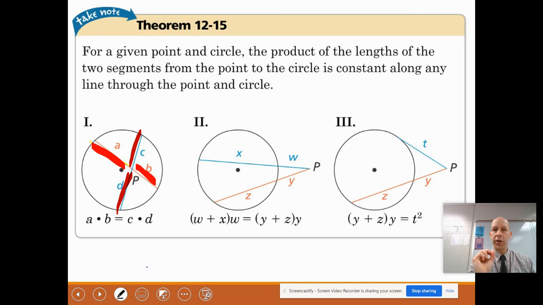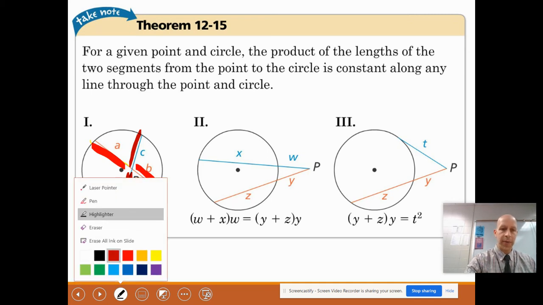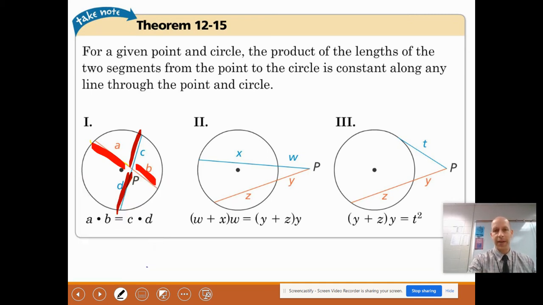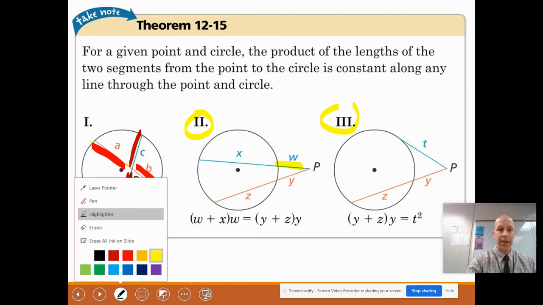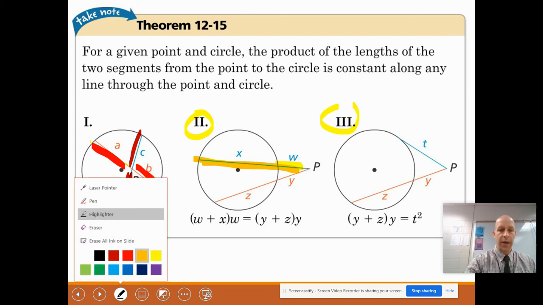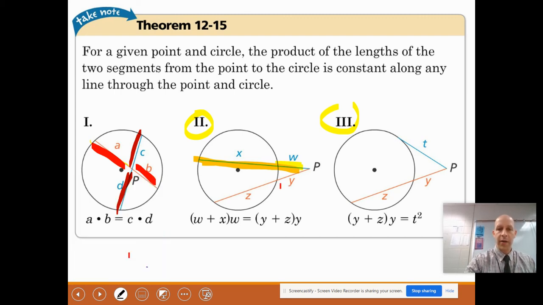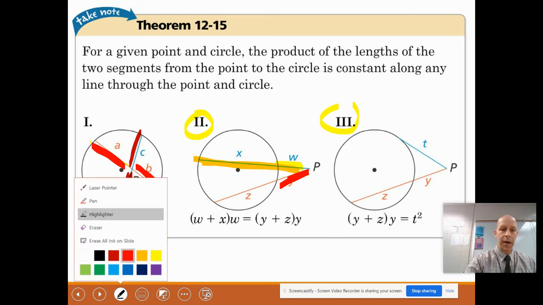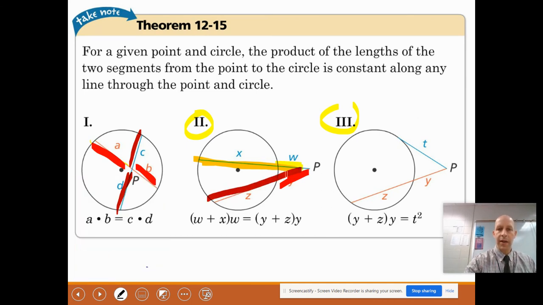Now here's where it gets tricky. So follow me carefully on this second example and the third example too. This length W times this length X plus W is going to be equal to this length Y times this length Y plus Z. And then, of course, the same thing over here.